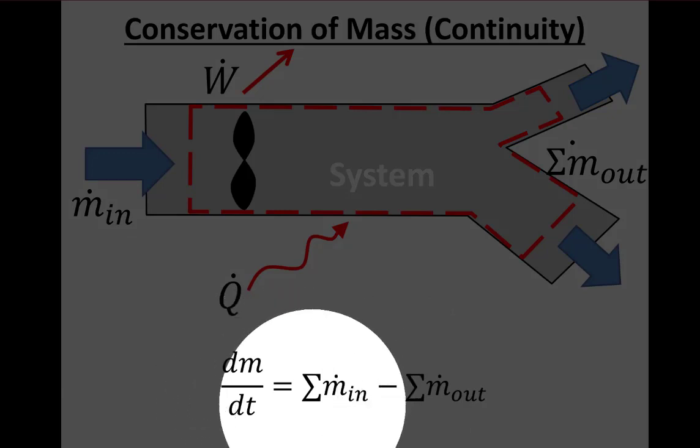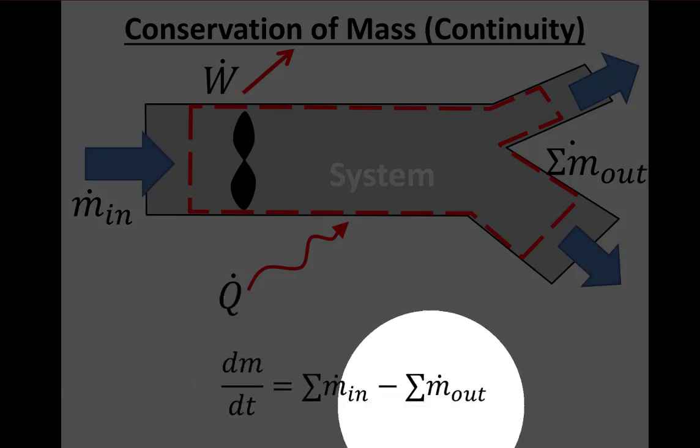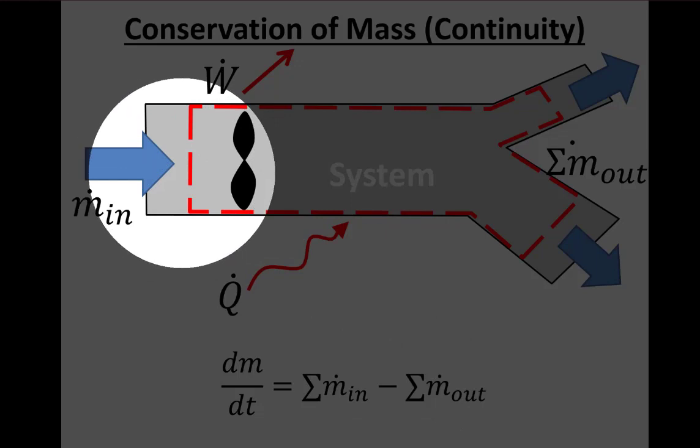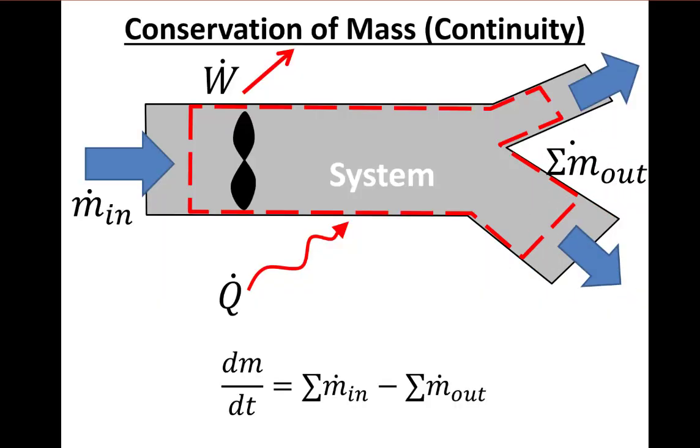If there's only one inlet, then the summation sign here goes away. If there's only one outlet, then the summation sign here goes away. But you could easily get a case like this where you get one inlet and two outlets. So you might not always be able to make these kinds of assumptions that we usually make. That's why there are assumptions we usually make and not assumptions we always make.